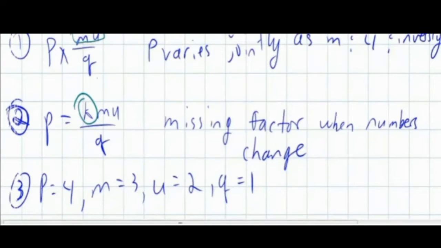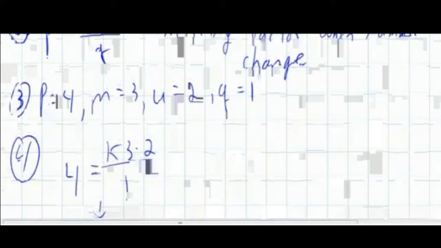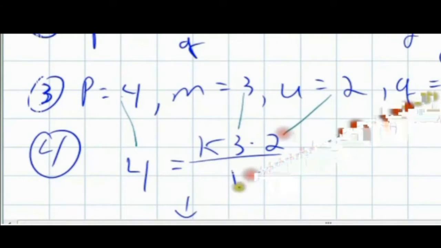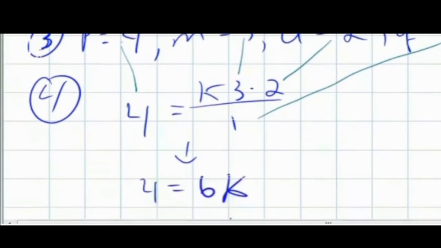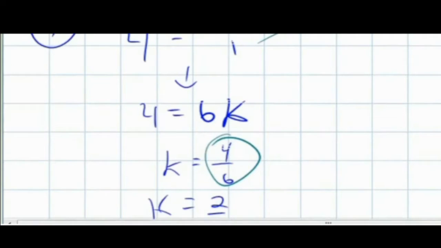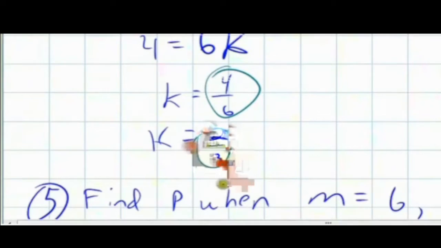Given that P is equal to 4, M is equal to 3, U is equal to 2, and Q is equal to 1. So I just plug in all those numbers. So now I have P, I have M, U, and Q. And I'm leaving the K there so I can figure out how these numbers all change together. So then that means that K is equal to 4/6, which reduces to 2/3.